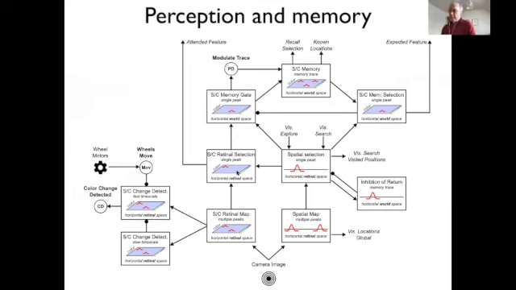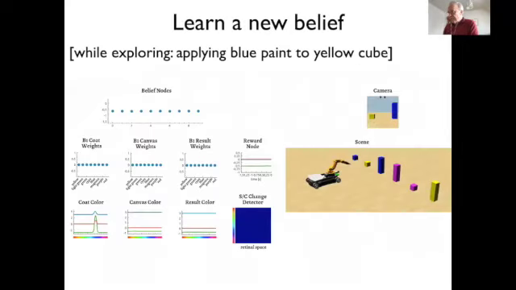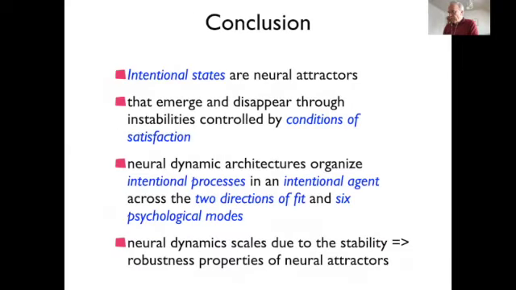That would be violating some form of information preservation. It's a principle that's not very explicit in a lot of modeling. It's implicit in the cognitive or neural architecture of the brain. And so for these two reasons, we are able to scale the individual modules into neural architectures of intentionality.